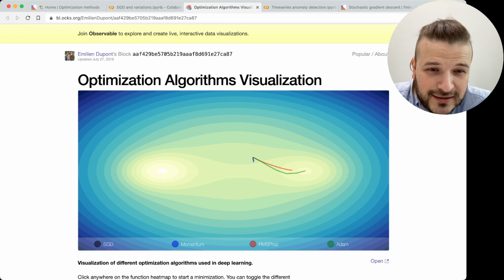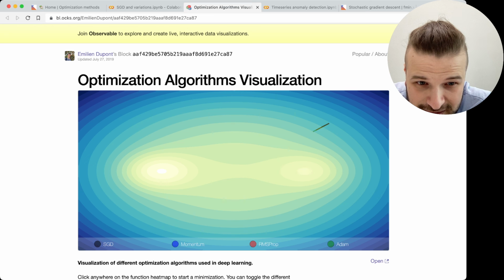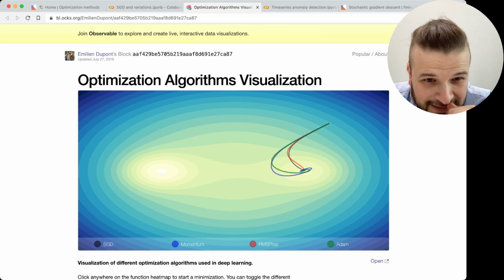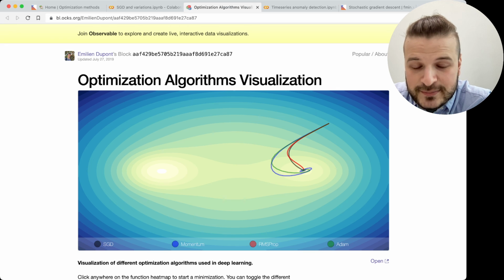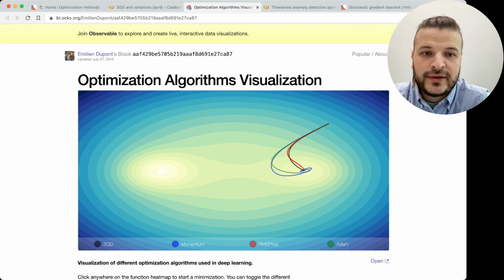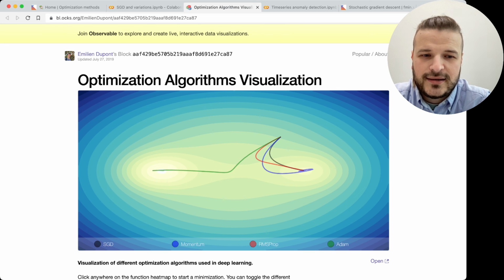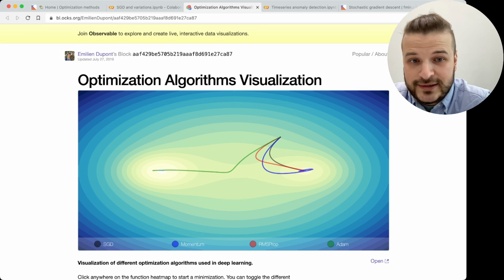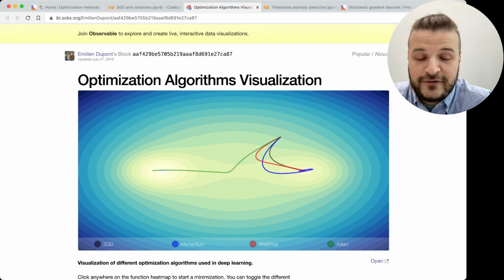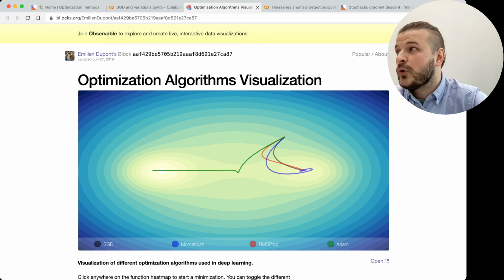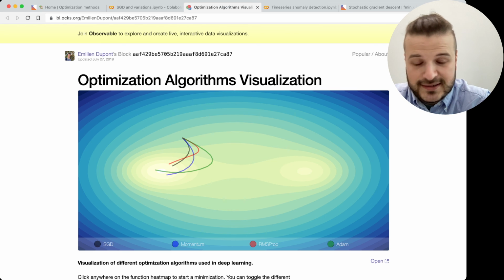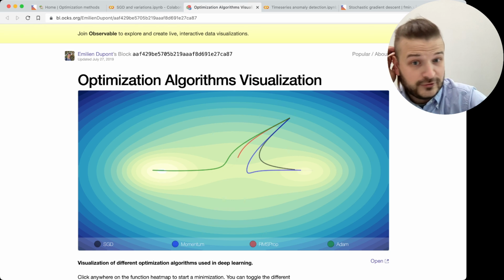And interestingly, this minimum is smaller in terms of the function value than this. And here only Adam, for example, goes for it, despite the fact that it's far from the original starting point. But again, that's a question of your specific problem, because it can vary depending on which problem you are trying to solve.